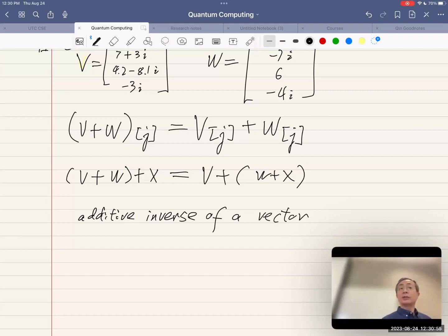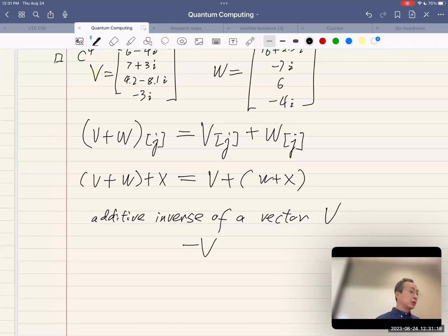That definition is basically that for a vector v, the inverse is negative v. You may think about the inverse of a matrix, that's 1 over the matrix, and that may or may not be invertible, but for the vector, the additive inverse is minus v.